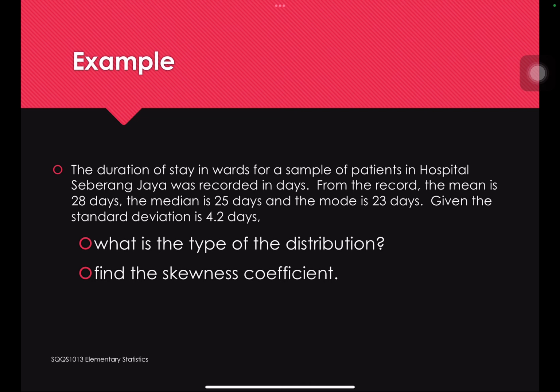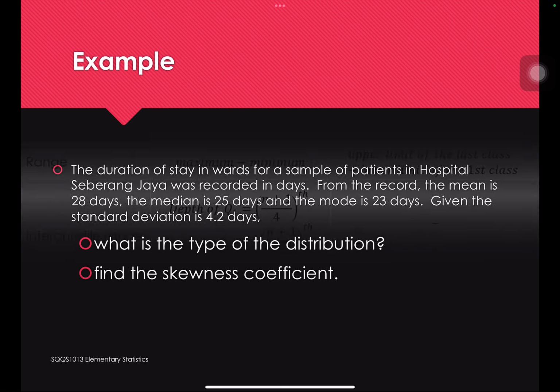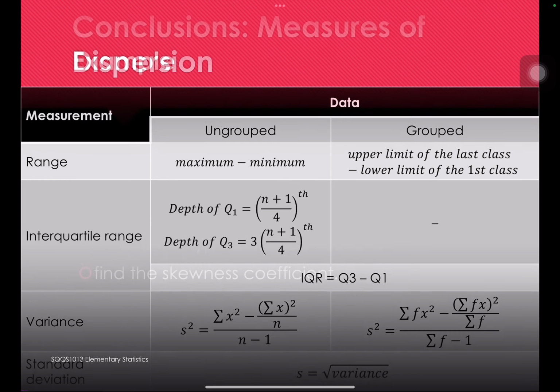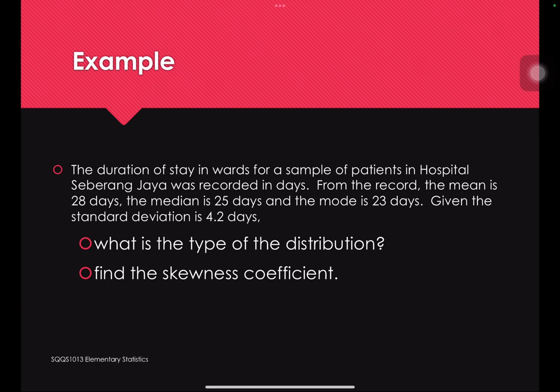Given the standard deviation is 4.2 days, what is the type of distribution? And what is the skewness coefficient?